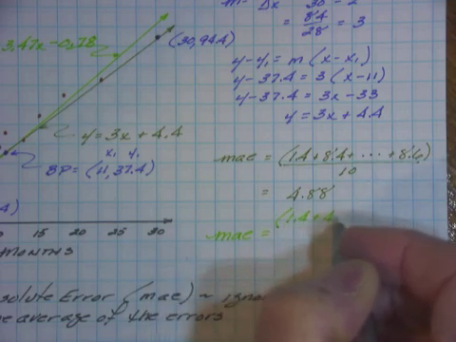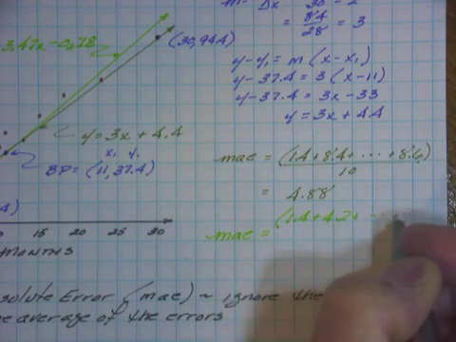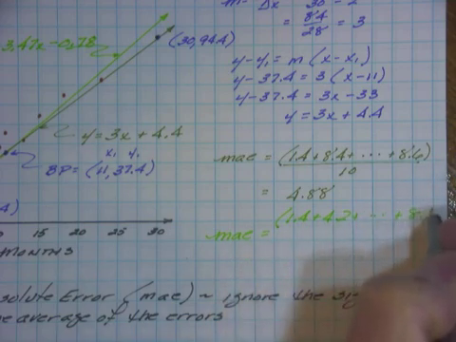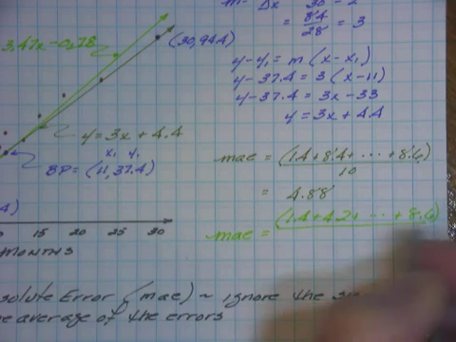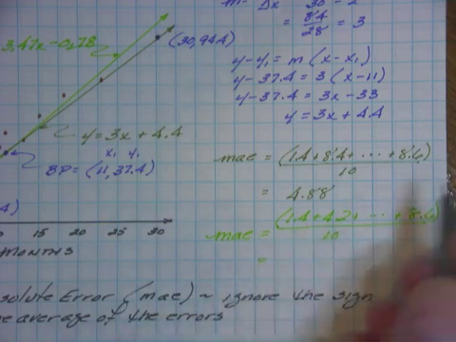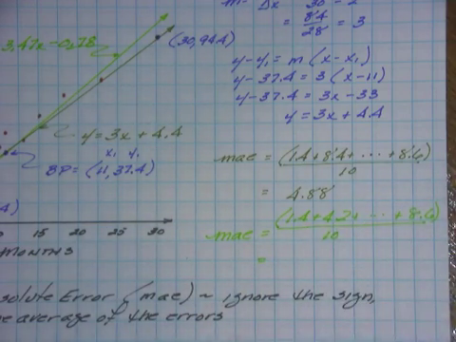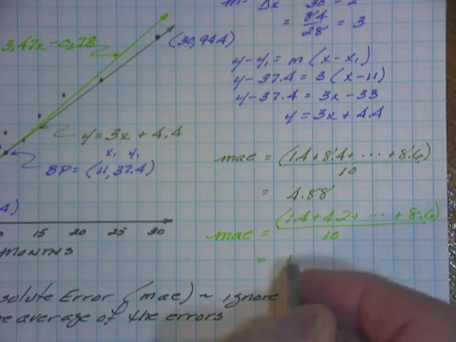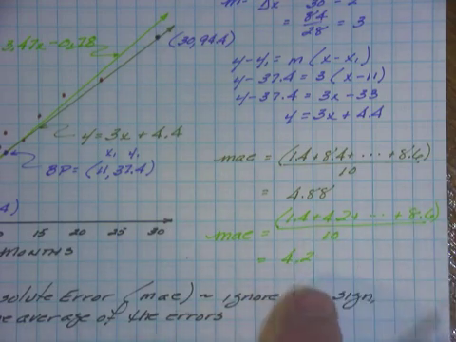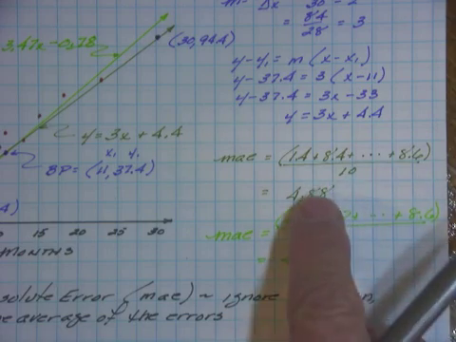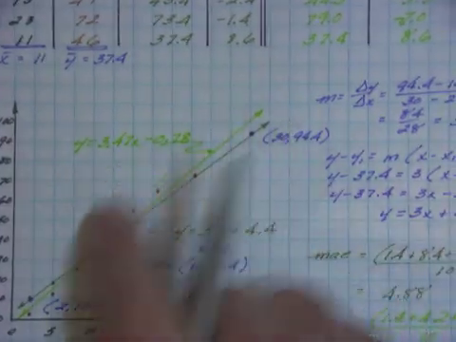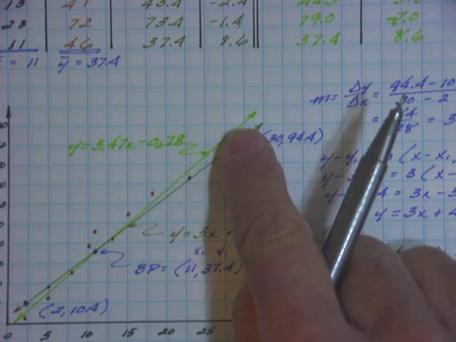A new MAE, mean absolute error, equals, you add up those numbers ignoring the negatives, plus 4.2, plus dot, dot, dot, plus 8.6, divide by 10, and you get a new mean absolute error of 4.2.